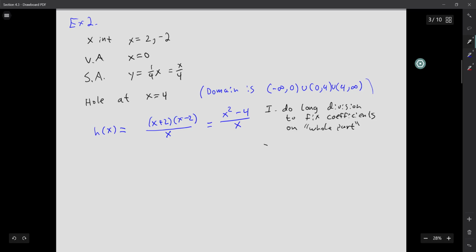Another option, which we're going to do here, is we're going to build it with the assumption of a slant asymptote.